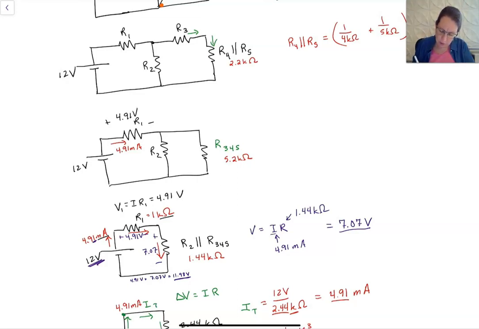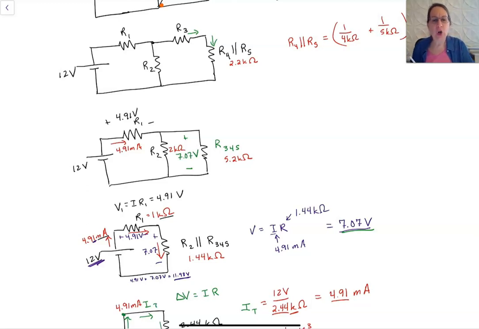And then we know the voltage across these two resistors. This is 2K and this one is 5.2K. We know that the voltage across here, plus minus, is 7.07 volts.